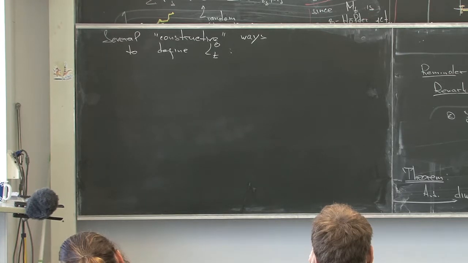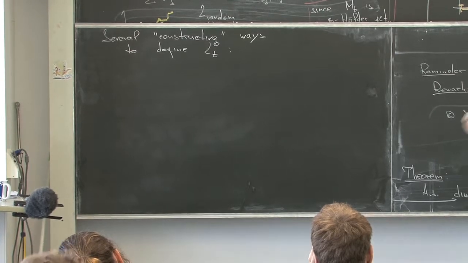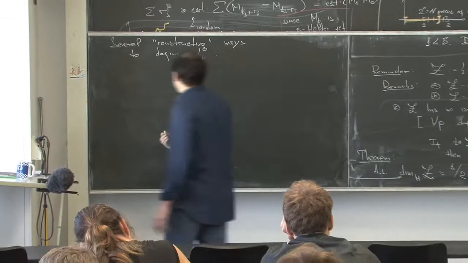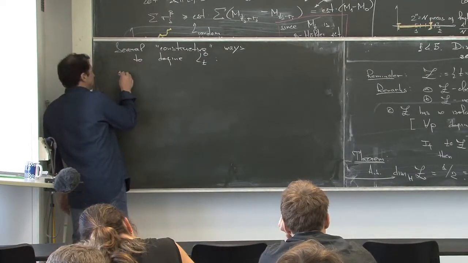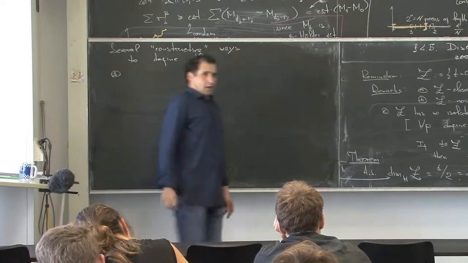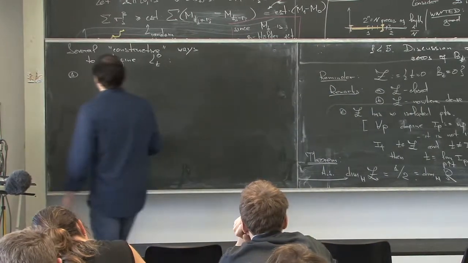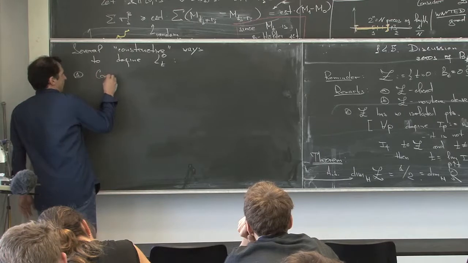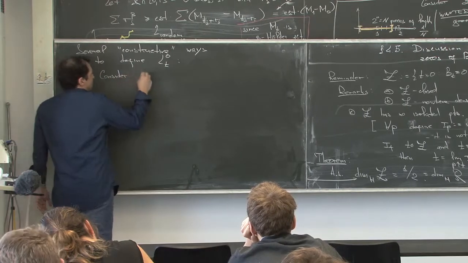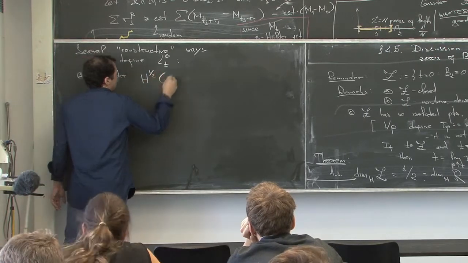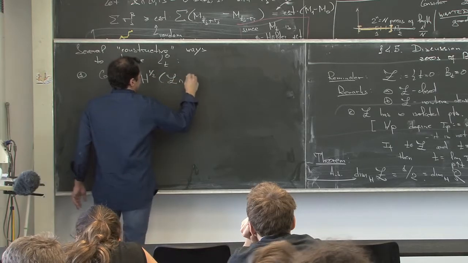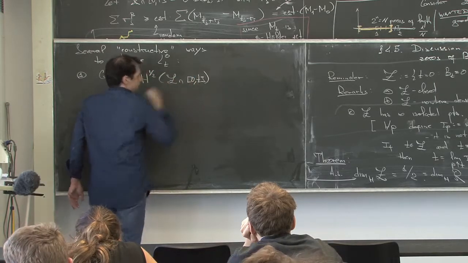The most natural is the following. So we know that the zero set is a set of Hausdorff dimension 1/2. So it's very natural to just try this definition: just take this Hausdorff measure of the intersection.